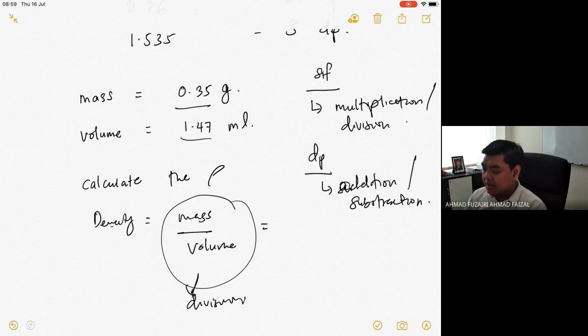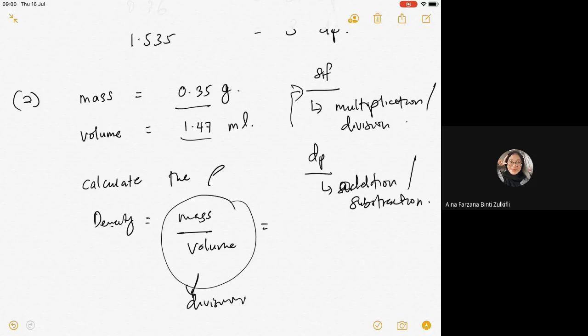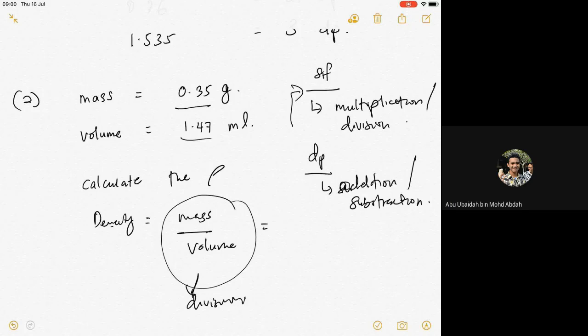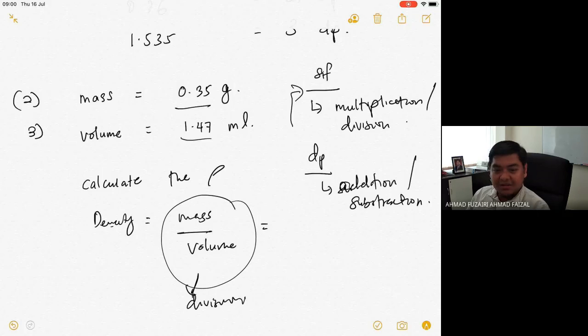Division duduk dekat significant figures. So significant figures yang macam mana kita kena consider? Mass ada how many significant figures? 2. And volume is 3 significant figures.